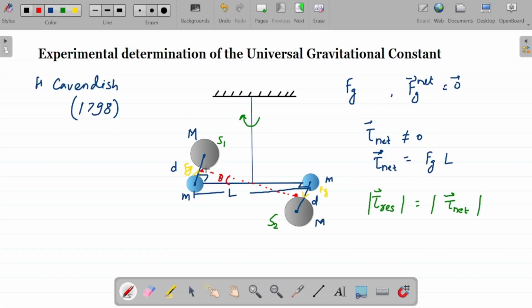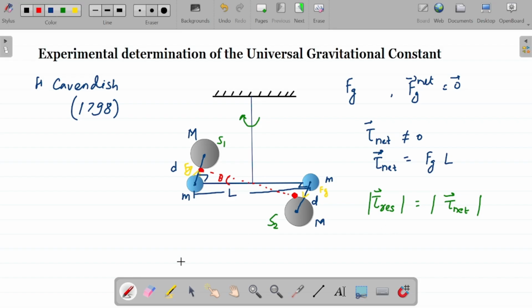So after twisting, it comes to rest along this, meaning the rod will be aligned like this, with two spheres at the ends here. Okay. So it will be in equilibrium only when the net torque produced due to the gravitational pull and the restoring torque are equal in magnitude.